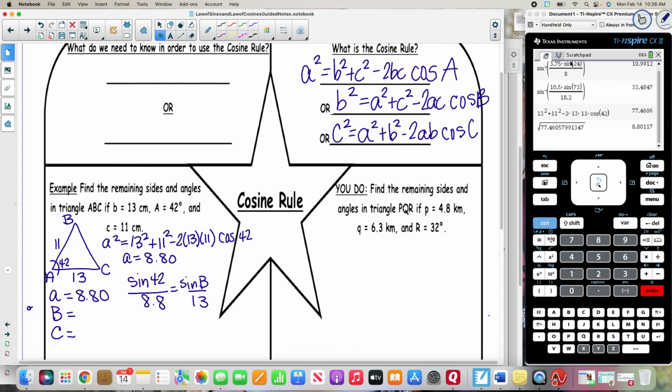I'm going to give you a second to solve that. So sine A over a equals sine B over b. We found an angle? Yes, we are.